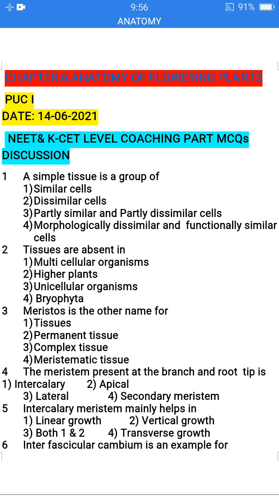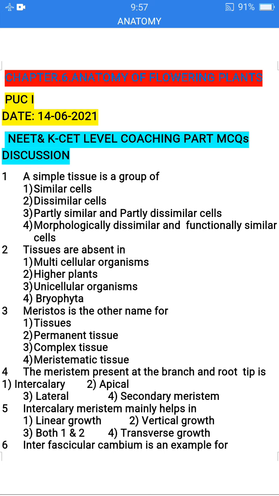Unicellular organisms are nothing but single cell organisms. They are composed of only one cell, so we cannot identify tissues in them. Hence bacteria, protozoans, viruses, fungi, etc. are all unicellular organisms composed of a single cell, so we cannot find tissues in them.